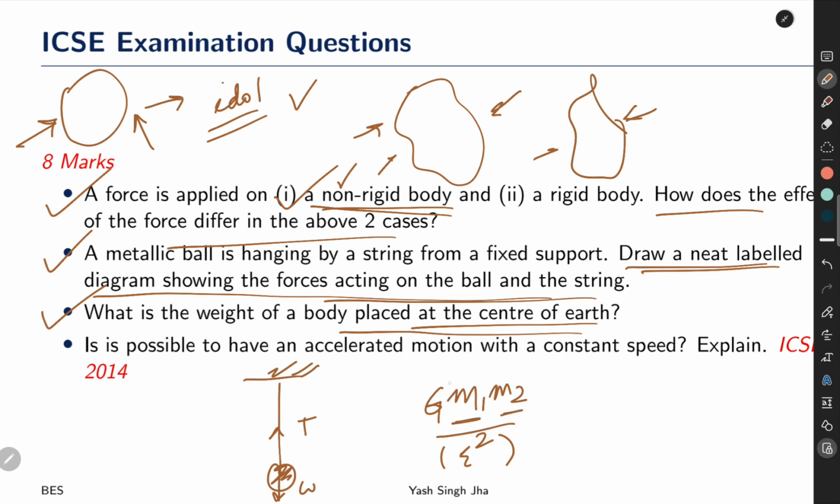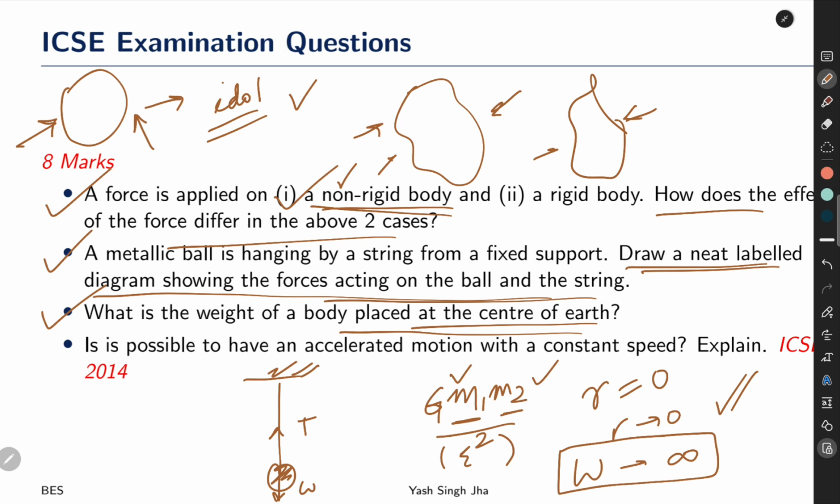Here m1 is earth, m2 is us. If the body itself is placed at the center of the earth, r becomes 0 or r tends to 0. Our weight will become infinite. We will weigh infinity.